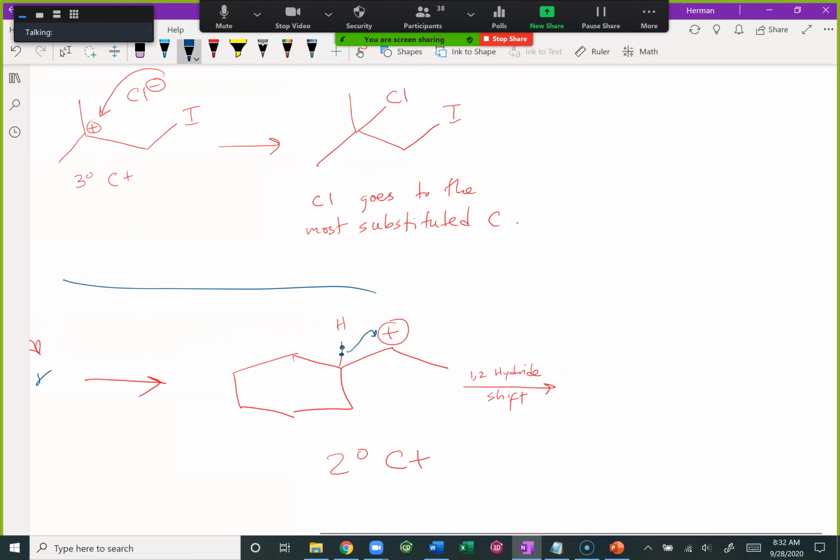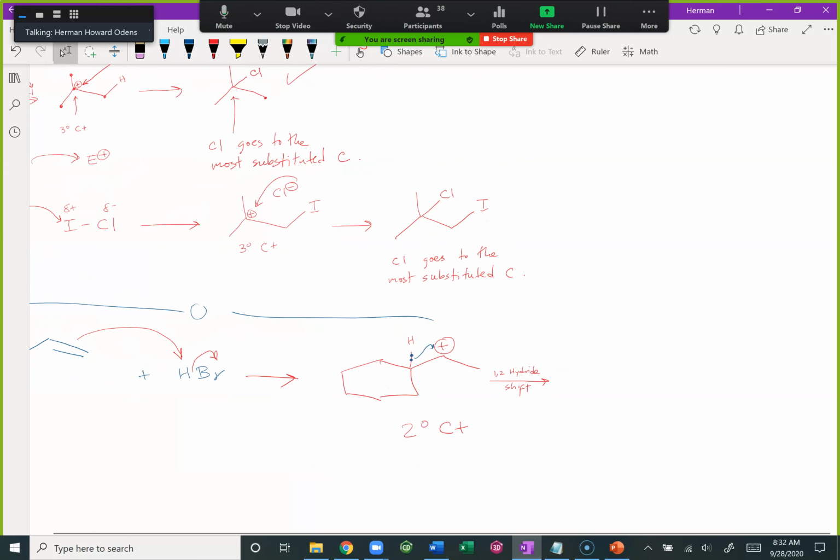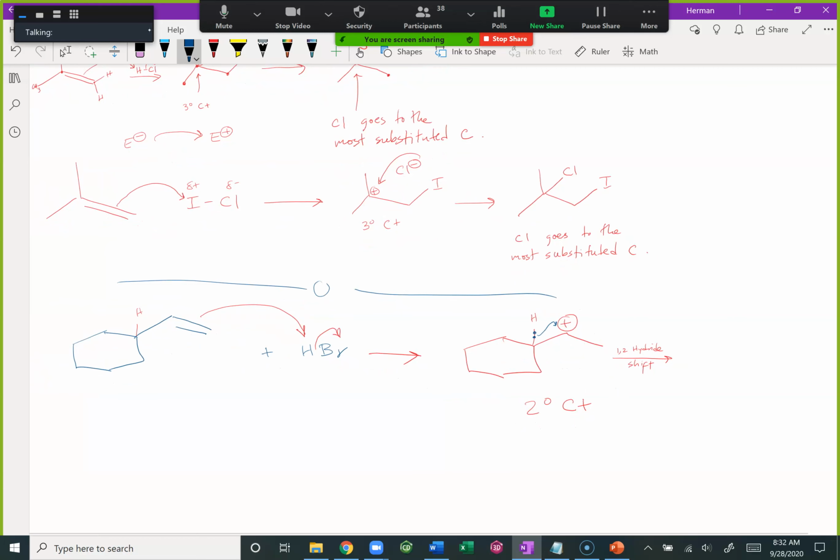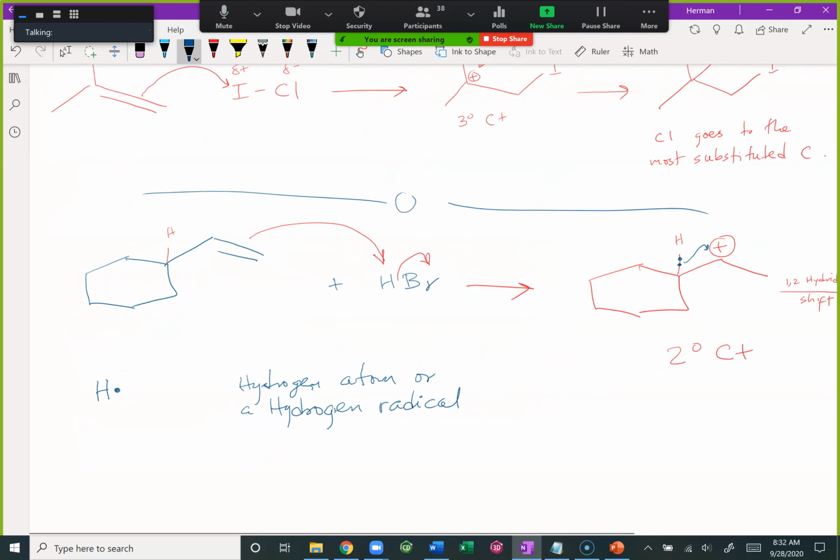So let's recap what you know about hydrogens. This is a hydrogen atom, also known as a radical, because it has only 1 electron. Now check this out.